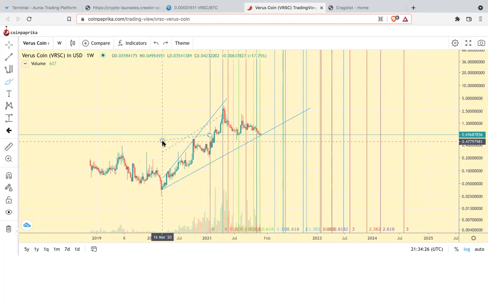If you look here, we've got these two circles, this low to this low, and then we project that forward from this next low and see what we get. What we're going to do is hide this one.